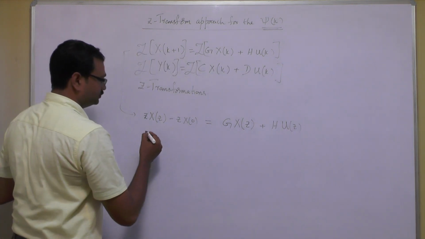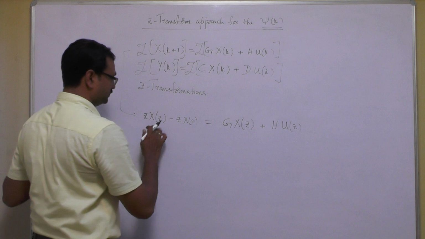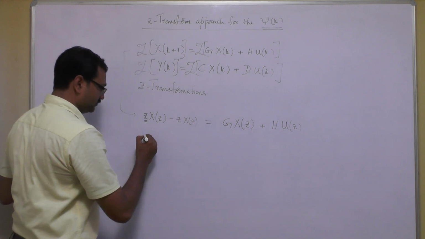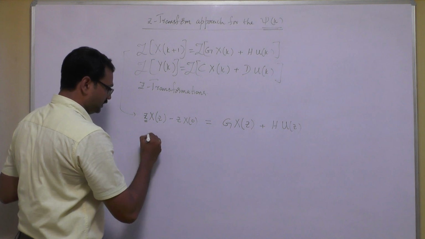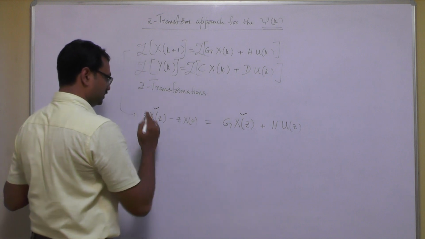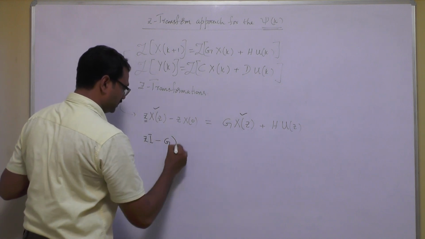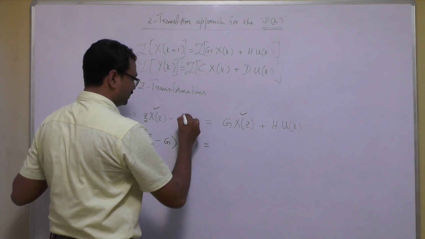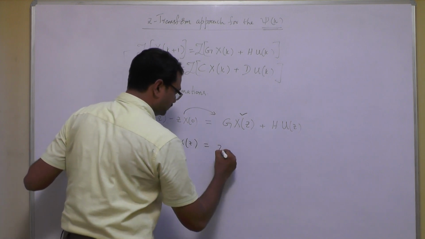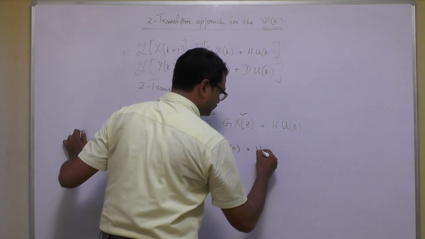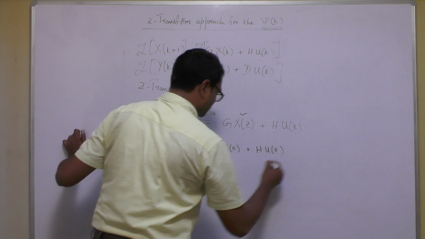Right. And with this, you can just convert this. Z is a complex variable, therefore z into I, when I take X of z common and bring it to the left hand side, I have (zI minus G) X of z is equal to, taking the rest to the right hand side, z into X of 0 plus H into U of z.